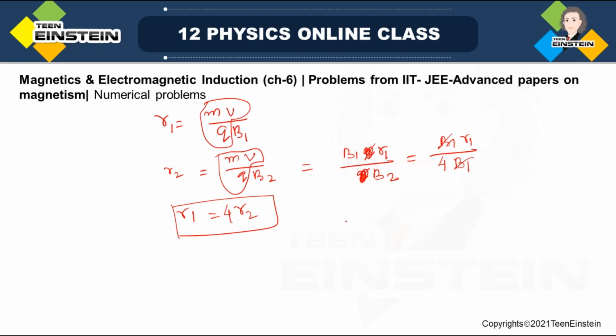Now the question is, what is the total distance? Total distance is d1 plus d2. d1 is 2r1 and d2 is 2r2. So this is equal to 2r1 plus 2r2.